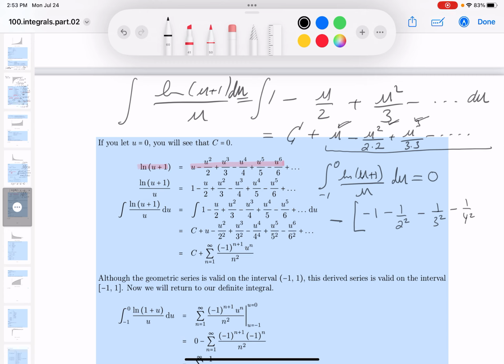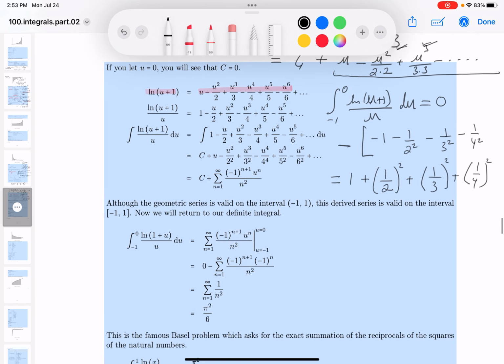I'm seeing something here. All right? So this goes on forever. And I'm going to say this really equals 1 plus 1 half squared plus 1/3 squared plus 1/4 squared, yada, yada, yada.